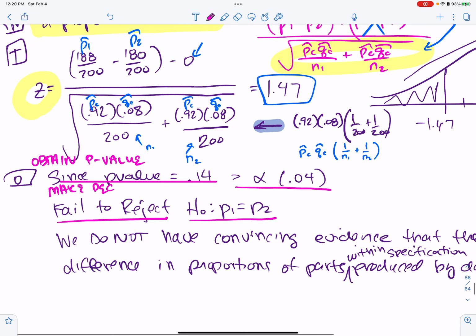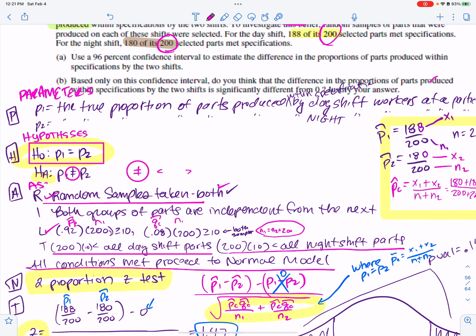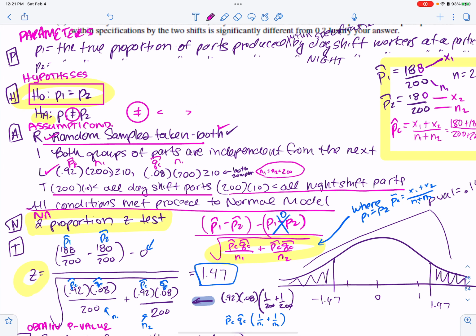Let me just go through, I don't think I was explicit of what PHANTOMS actually stands for. The P stands for parameters, H stands for hypotheses, and then A stands for assumptions and conditions. N stands for name the test.